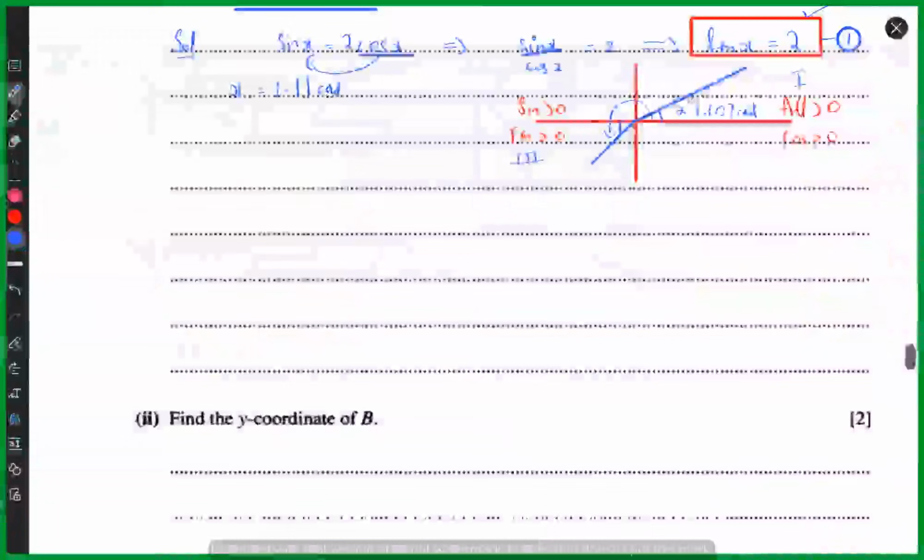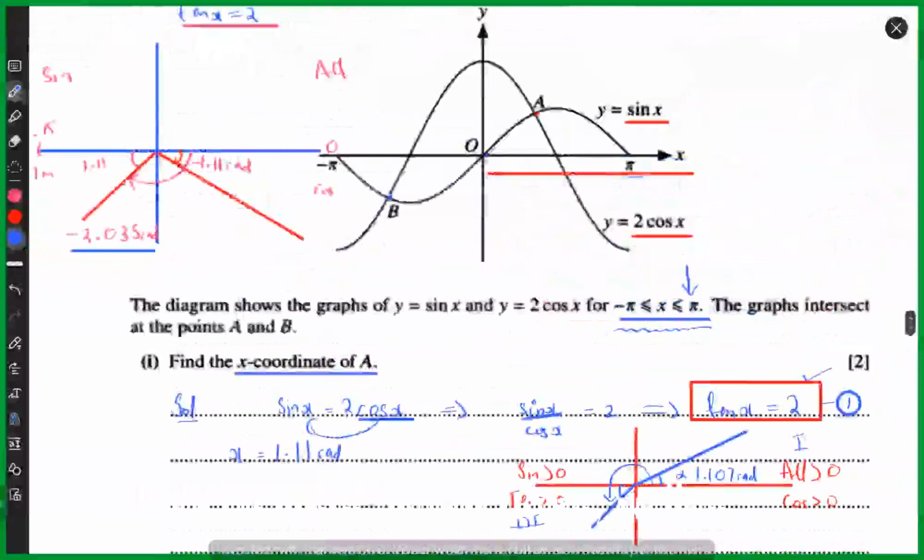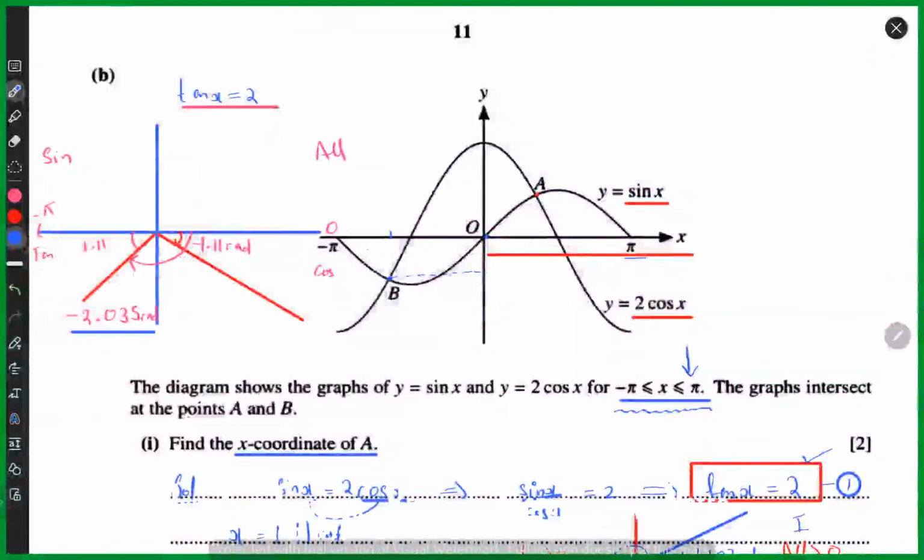So you need to find this out, and you have this. It's minus 2.035. What you can do is just use any equation. Either you can use sine x or 2 cos x and then just plug in the value.